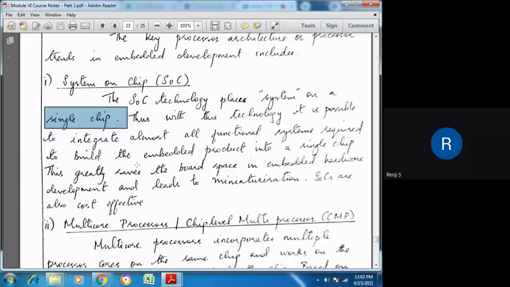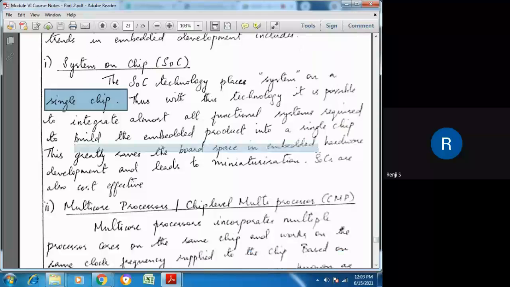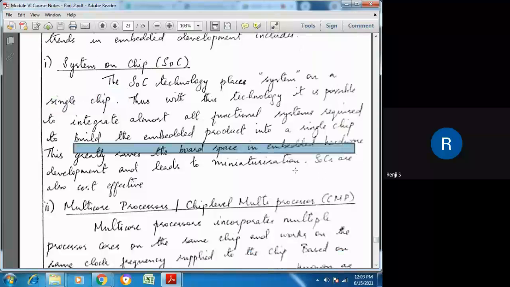And this has led to the miniaturization of most of the products, and it also greatly saves the board space in embedded hardware.